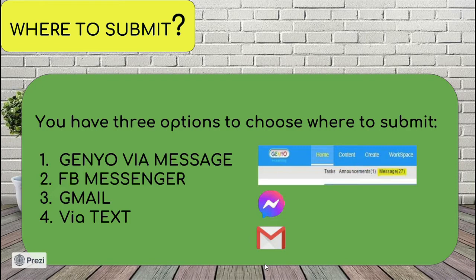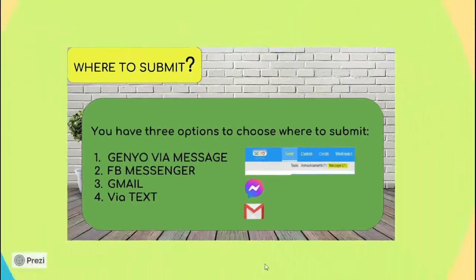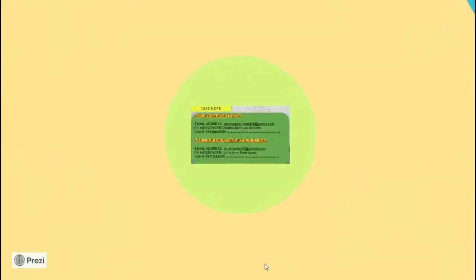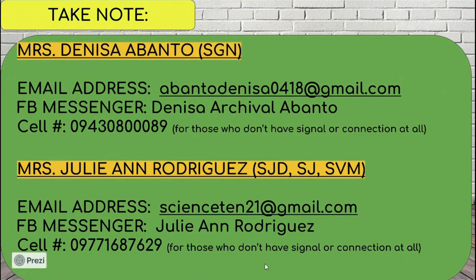And of course, just refer to the email address of your science teacher, Madam Abanto, and for me as well. If you have any clarification regarding your performance task, you may reach out to your science teacher via Facebook Messenger.